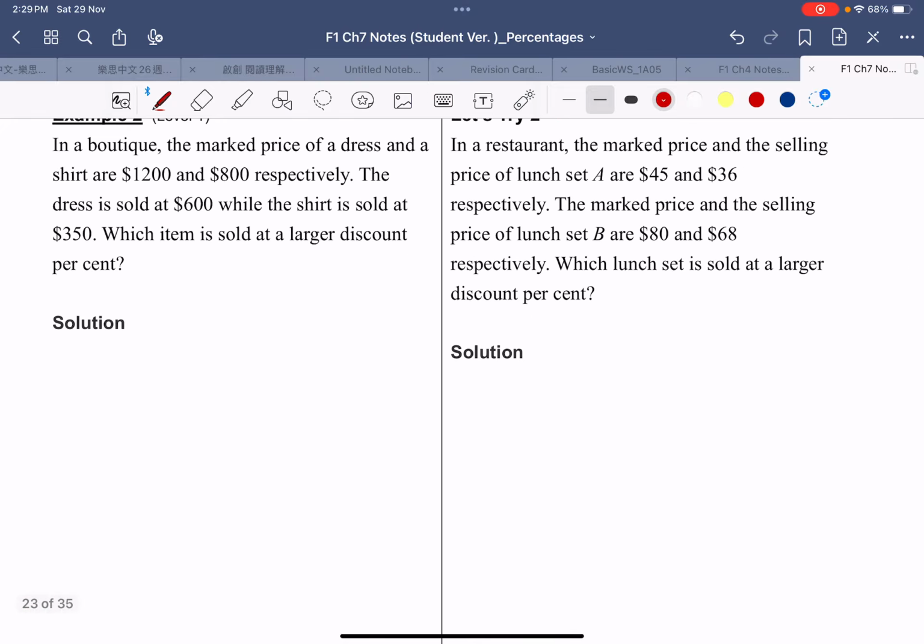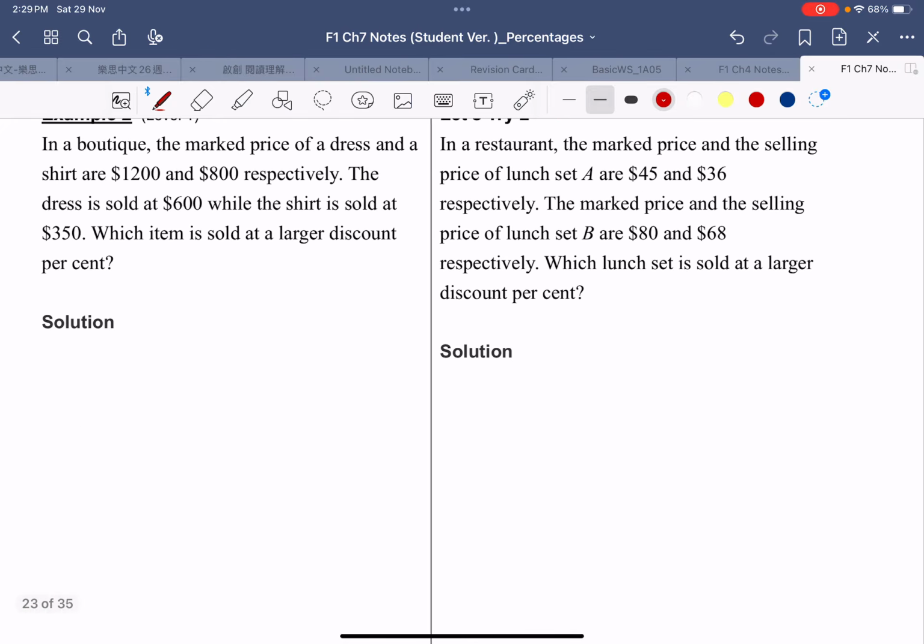Okay, example 2. You have a dress, you have a shirt, selling at different prices at different discount percents. So which one has a larger discount percent? You need to calculate all the discount percents. Discount percent of the dress first.